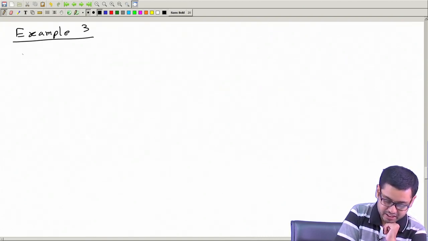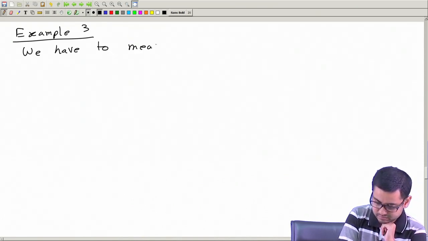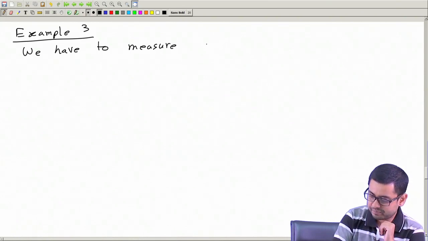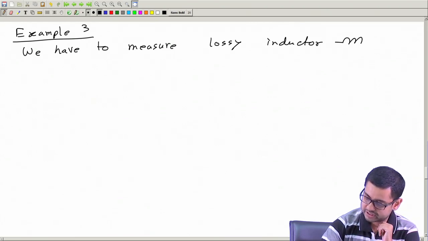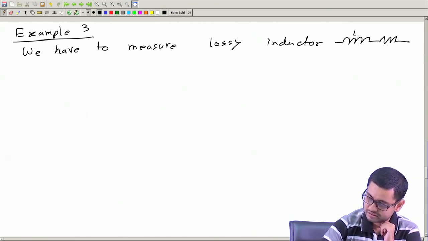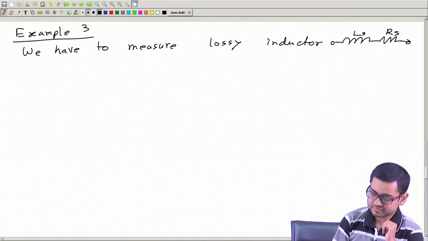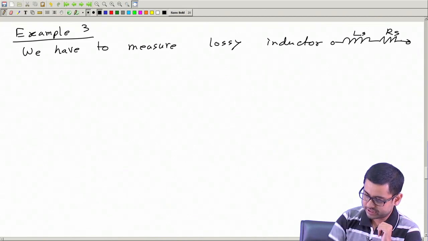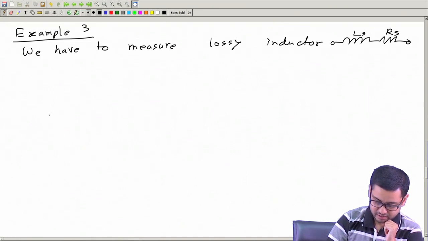So now we have to measure a practical or lossy inductor, which we can always denote as a series combination of LS and RS. So we have to measure this one and we have to design the bridge. Now let's draw this bridge.